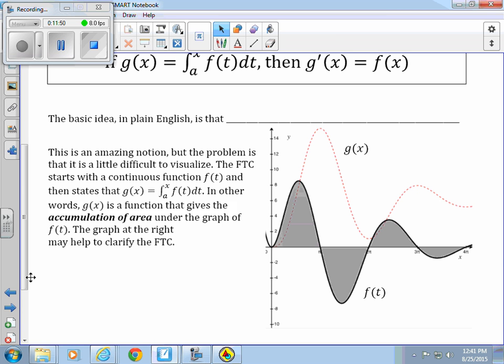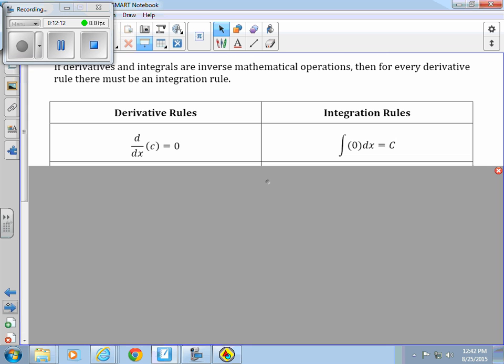It was very helpful. But g of x is the function that accumulates area under the graph of f of t. It is the antiderivative of f. That's what we'll be looking at today.